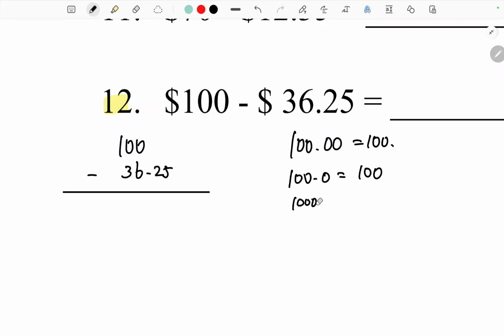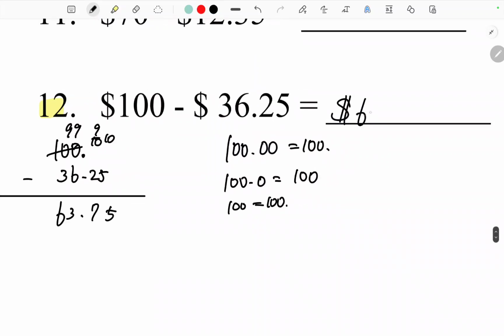So even though you don't have a decimal point, think of it as the 100 having a decimal point right behind the last 0. If you subtract, this will become 99, 10, 9, 10. So 5, 7, 3, and 6. So this will become $63.75.